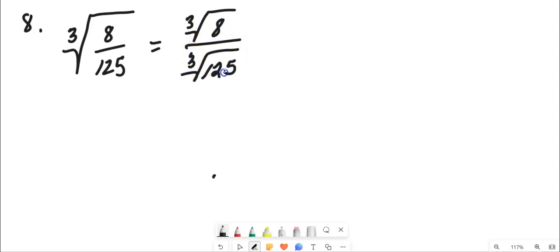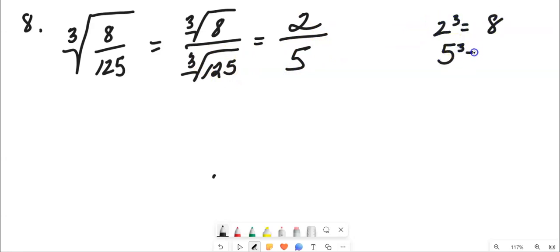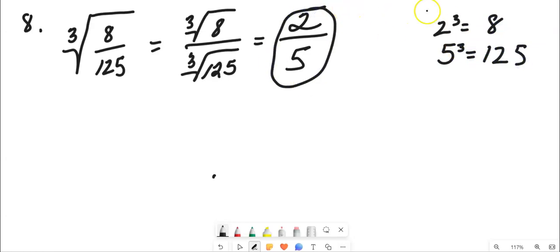And then I'm going to plug that into the calculator, the cube root of 8, to see if I get a whole number, to see if that works. If you plug that in, you should get the whole number 2 as your final answer. And then I'm going to do the same thing with the 125, and you should get an answer of 5. That means 2 cubed is 8, and 5 cubed is equal to 125. So this is our final answer for number 8.